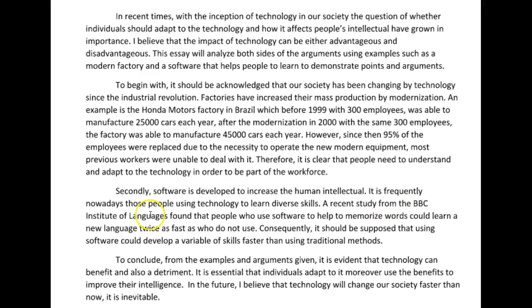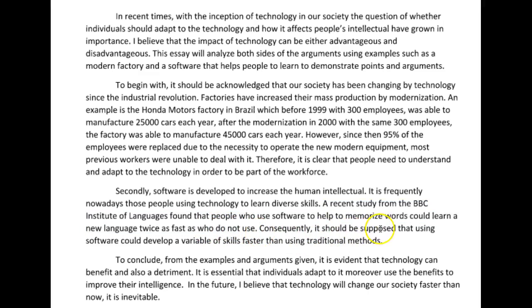A recent study from the BBC Institute of Languages found that people who use software to memorize words learn new languages twice as fast as their counterparts who do not.